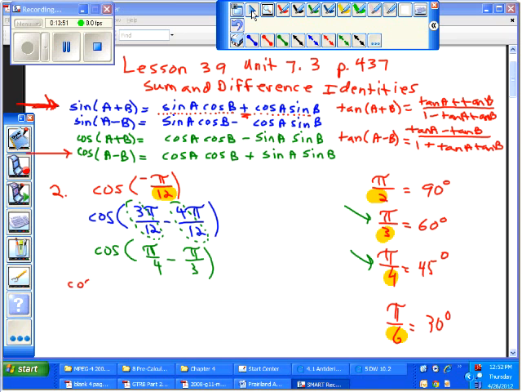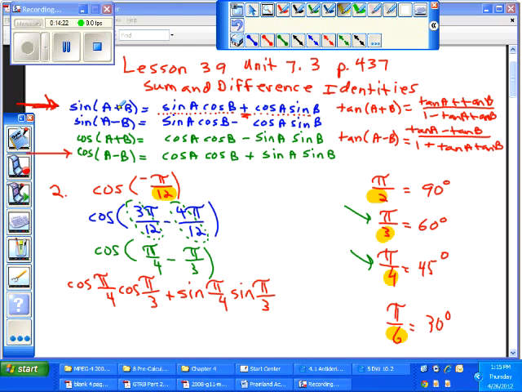So we're going to have cosine of the first times cosine of the second plus sine of the first times sine of the second. Cosine first times cosine second plus sine first, sine second.